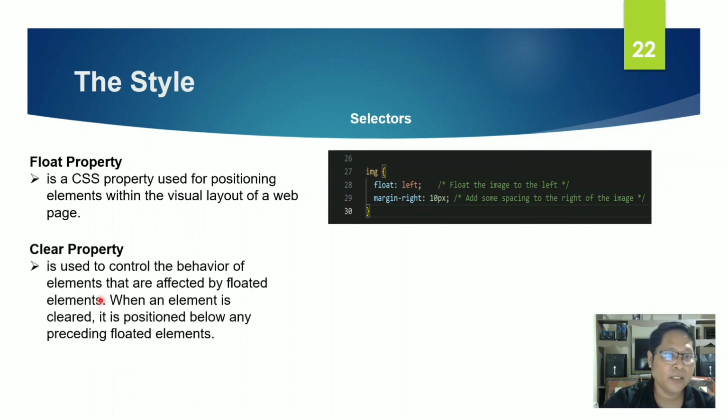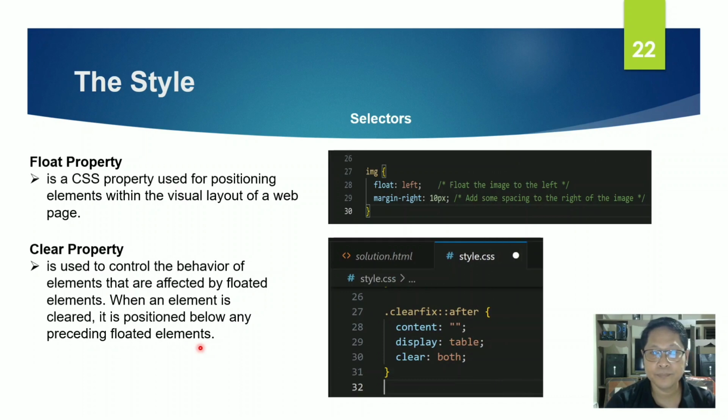So next we have the clear property. The clear property is used to control the behavior of elements that are affected by floated elements. When an element is cleared, it is positioned below any preceding floated elements. The clear property accepts the following values: none, left, right, or both.